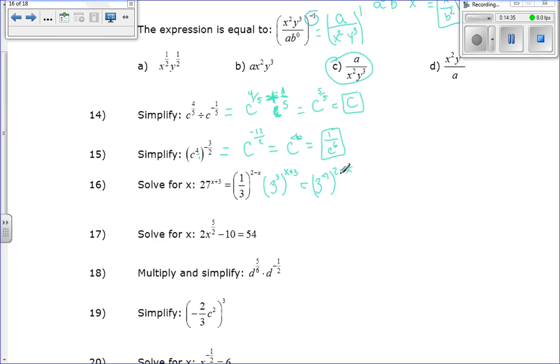So I will end up with 3x plus 9 equals negative 2 plus x.